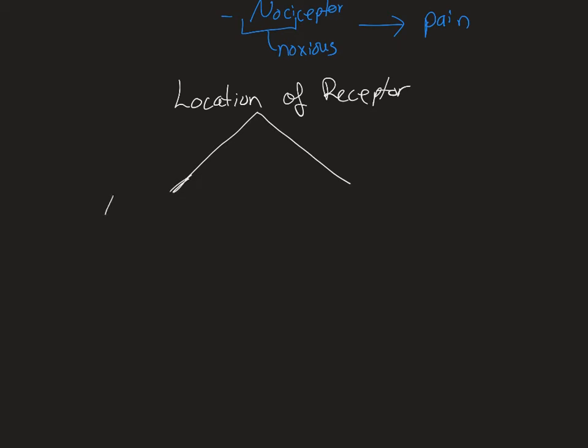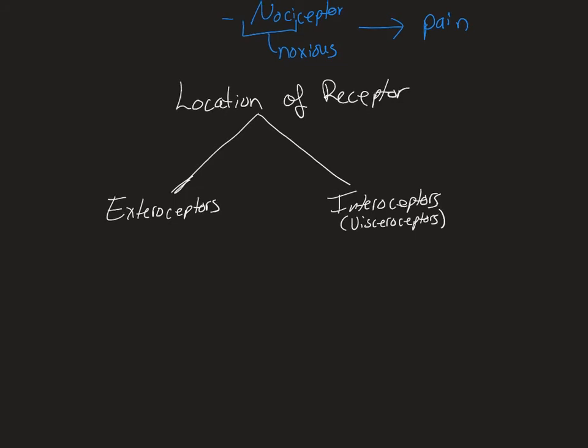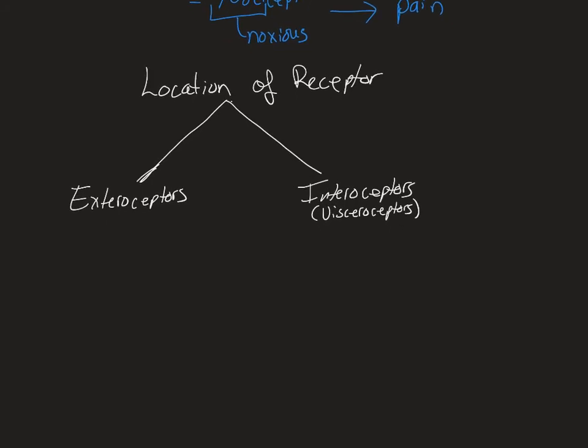You have the exteroceptors, and you have interoceptors, and these can also be called visceroceptors. There's one more actual location category, and it's kind of an interoceptor, but then it's also kind of not. So we're just going to call it a different thing, and that is the proprioceptors.